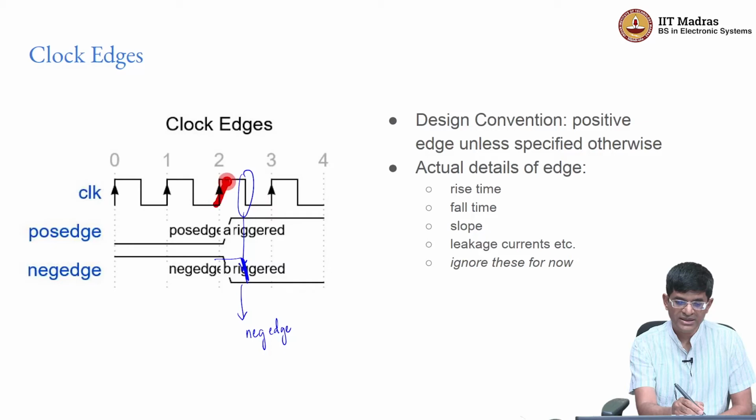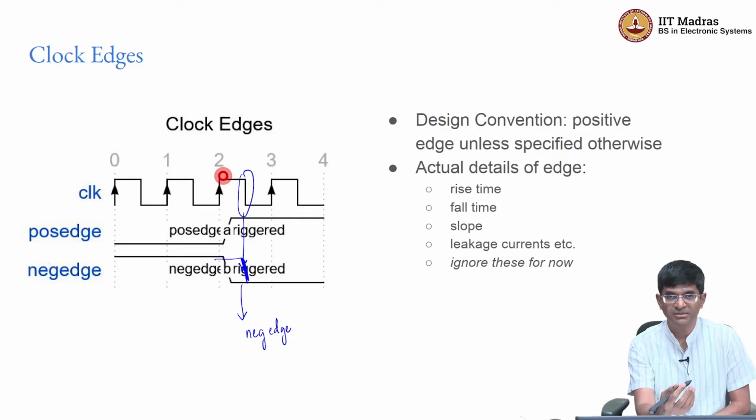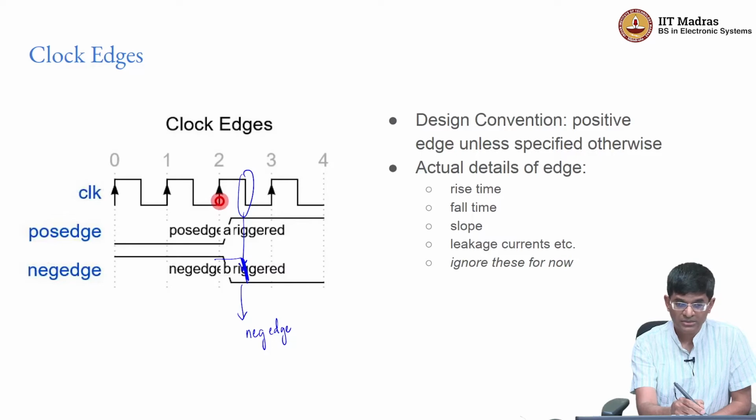And during this transition, it is also possible that you have both types of transistors involved. We have not spoken about transistors or how gates are implemented so far, but in reality gates are implemented using transistors, and during this slope time it is quite possible that two different sets of transistors turn on and you end up with a small amount of current flowing between the supply and ground, almost like a short circuit.